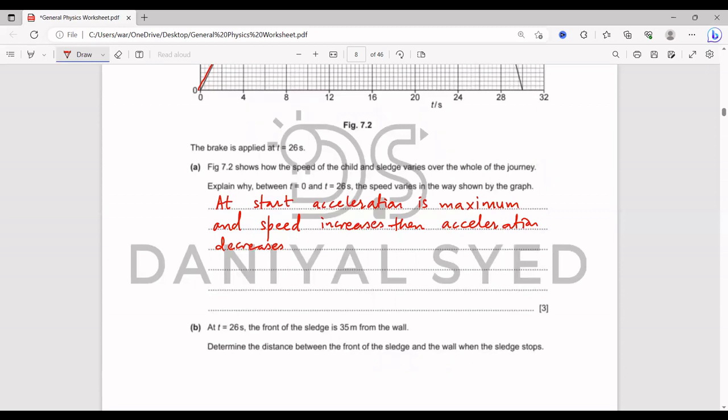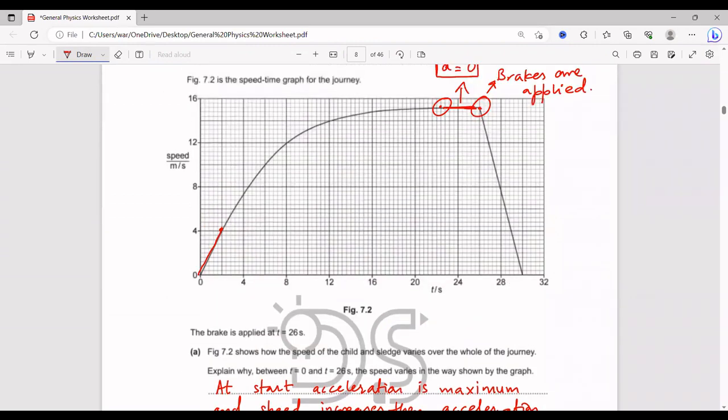At last, speed becomes constant and acceleration is zero. So, bachcho, you should also write down the car speeds up with uniform rate and then moves with decreasing rate, and at last speed becomes constant.